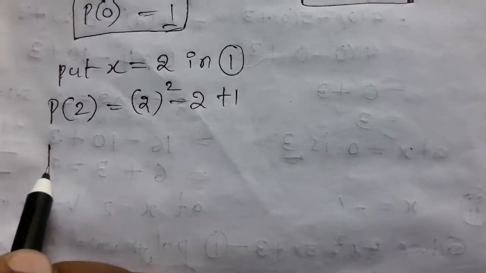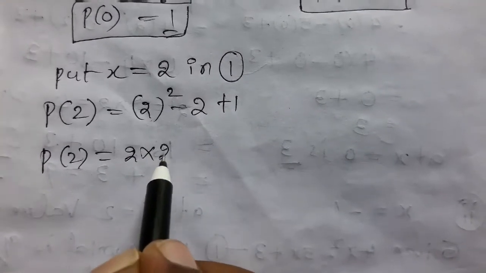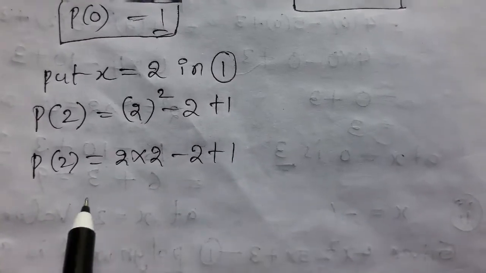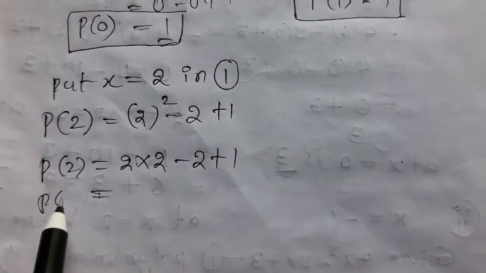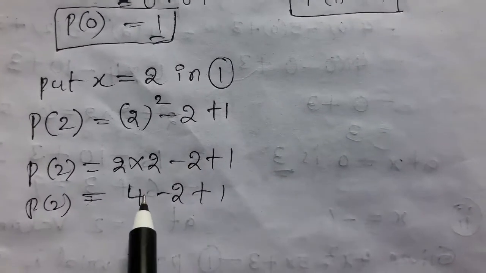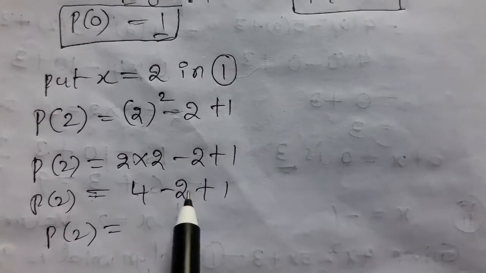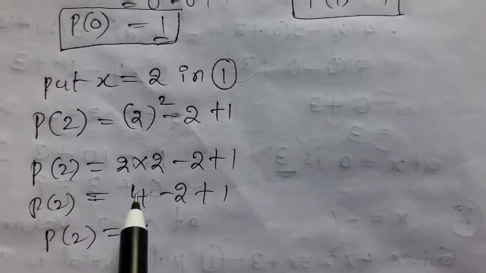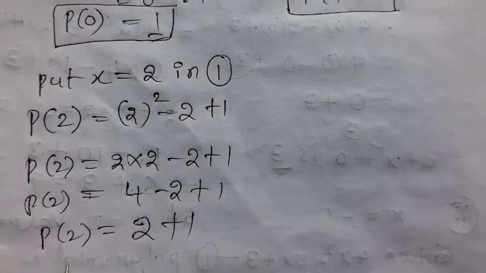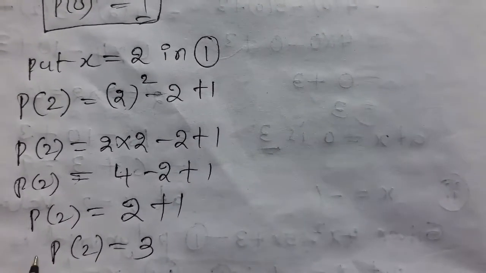Now P of 2 is equals to 2 whole square means 2 into 2 minus 2 plus 1. Now P of 2 is equals to 4 minus 2. So bigger value having a positive sign, so that's why plus 2 plus 1. Now P of 2 is equal to 2 plus 1 means 3.